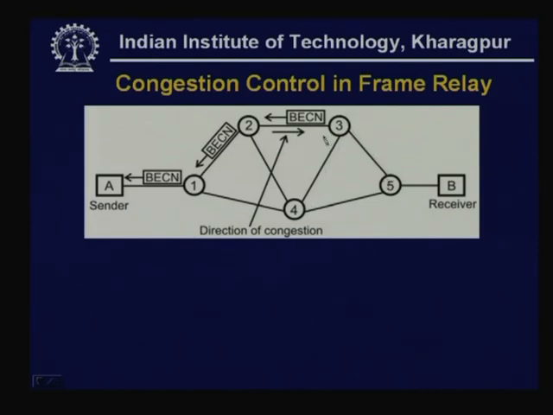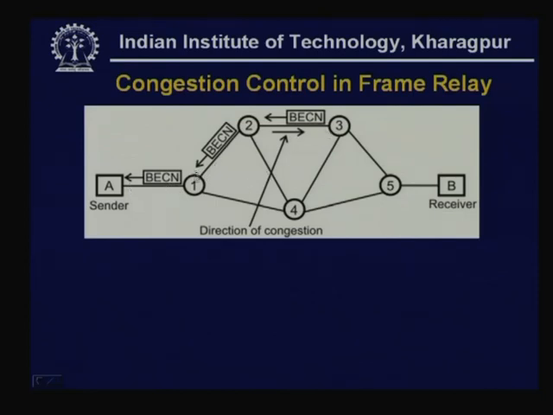So, this particular switch identifies it by some means. How it is identified, I shall explain in detail. Each switch or node identifies whether congestion has taken place in the forward direction. Whenever it identifies that congestion has occurred, it sends an explicit BECN packet to the source.